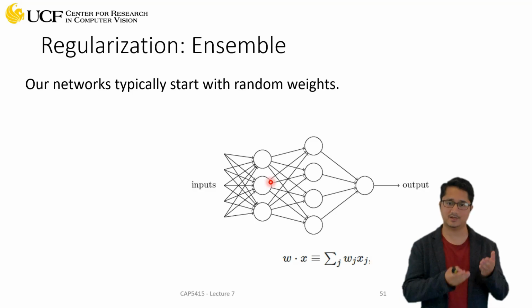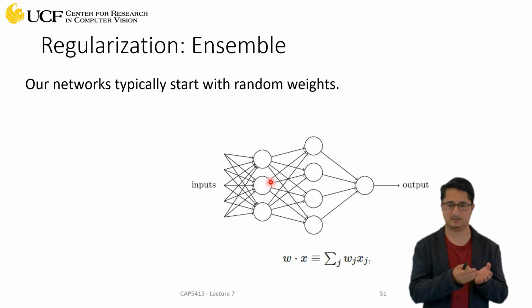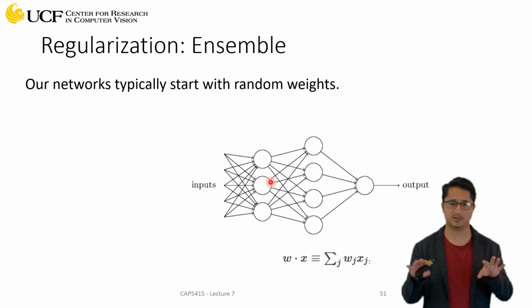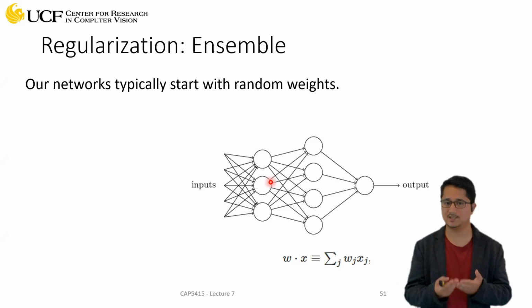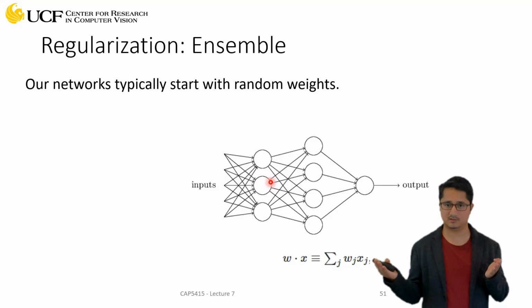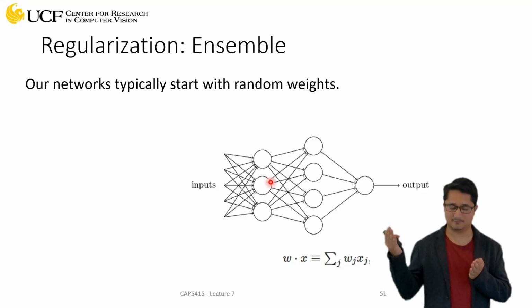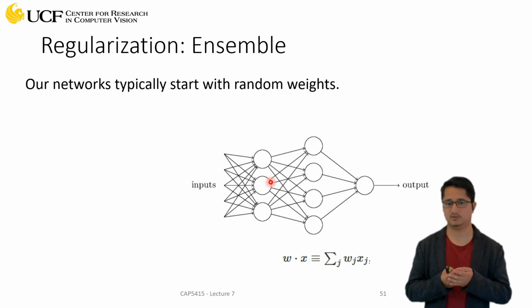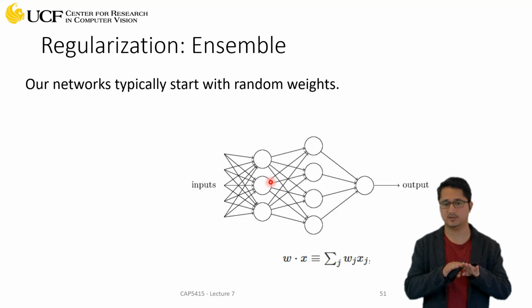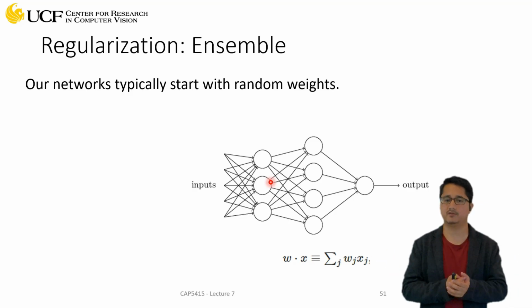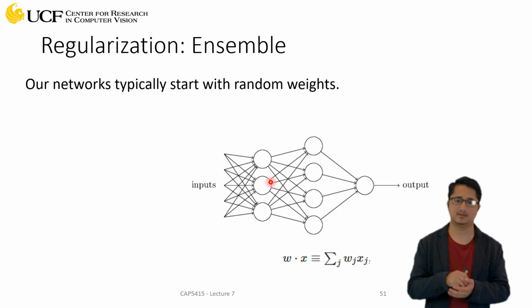If you have different initializations of your network, which means that even if you train the same network multiple times, the final weights are going to be different because the initial weights were different, right? And if that is so, then what you can do is, at the end, let's say, train 10 different models and then come up with a way to fuse those predictions.